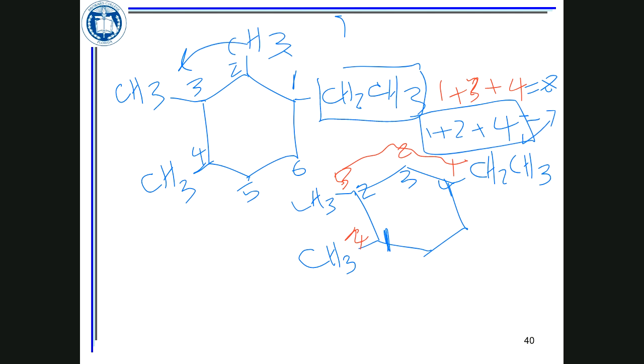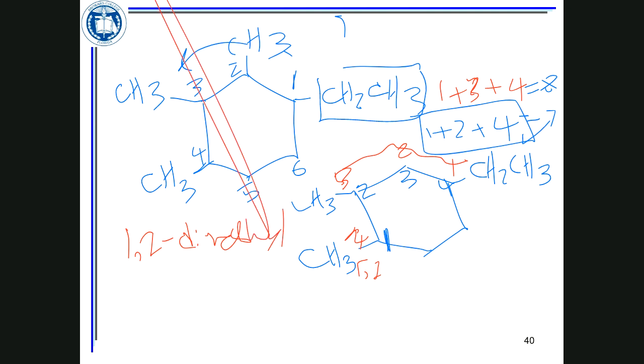So what's the name for this compound? The name for this compound is going to be 1,2-dimethyl for the methyl groups, and then your ethyl is going to be on the 4th position, and then cyclohexane. But when you are writing, yes, lower number is more important than alphabetic order when it comes to giving the position to each of the branches.